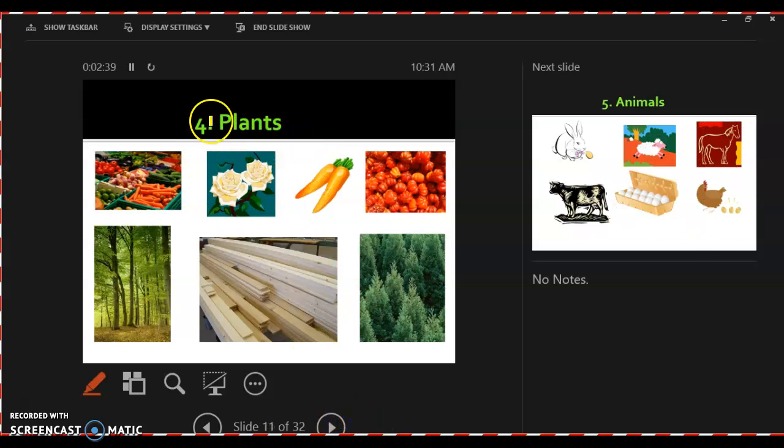Plants. This is another type of natural resource. We plant trees, so trees could be an example. You get lumber from trees. Vegetables. We plant cucumber plants. We get cucumbers, watermelon. Most of the things we plant, we get carrots, tomatoes. So all that.